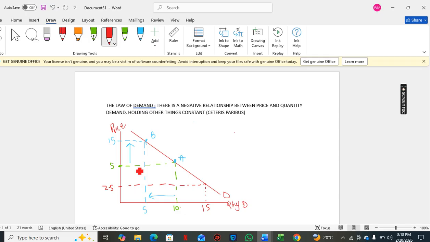So here in this second illustration, price has gone down from 5 kwacha to 2.5 kwacha, but the quantity demanded, or the amount of goods we're buying, has increased from 10 units to 15 units. Okay, so this is this negative relationship between price and quantity demanded.